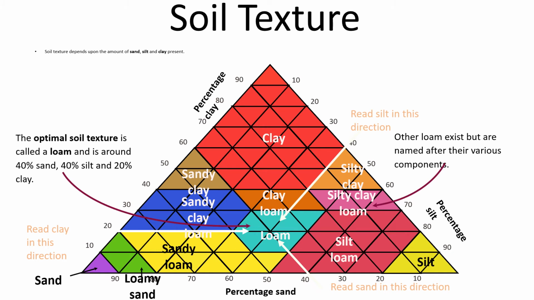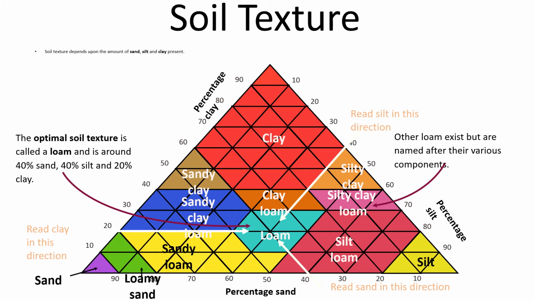Here is a closer look at the soil texture triangle. In this particular picture, the numbers are not written in the direction that you would read them, but I will try to make sure to do so when I give these to you.